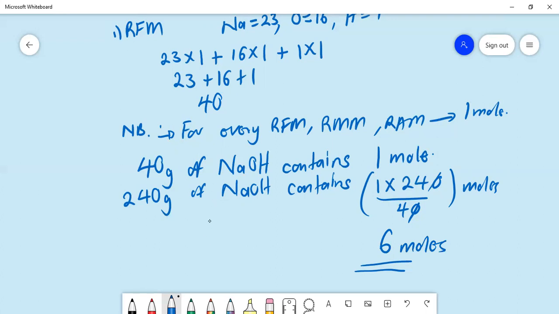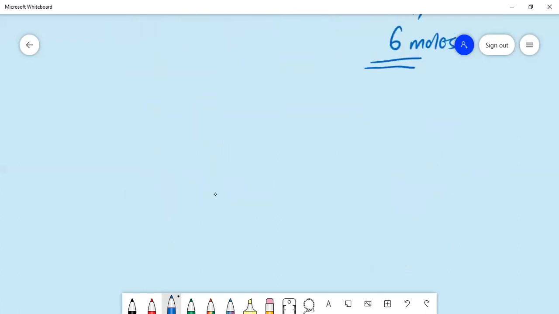Example 2. So again, let's find the number of moles.